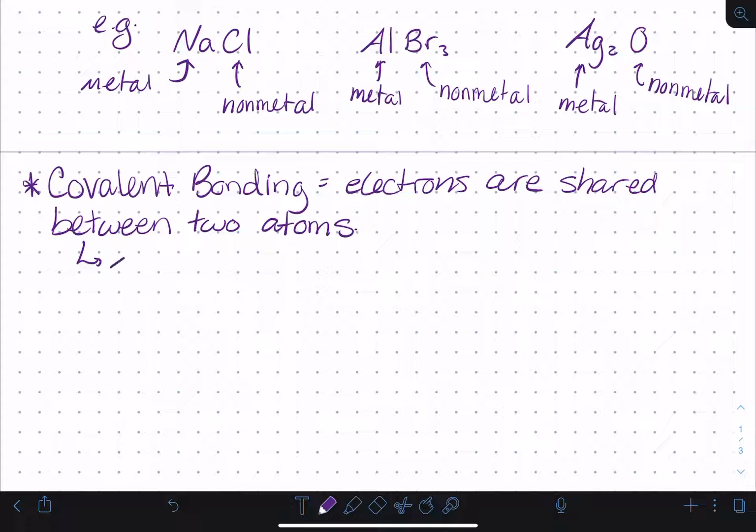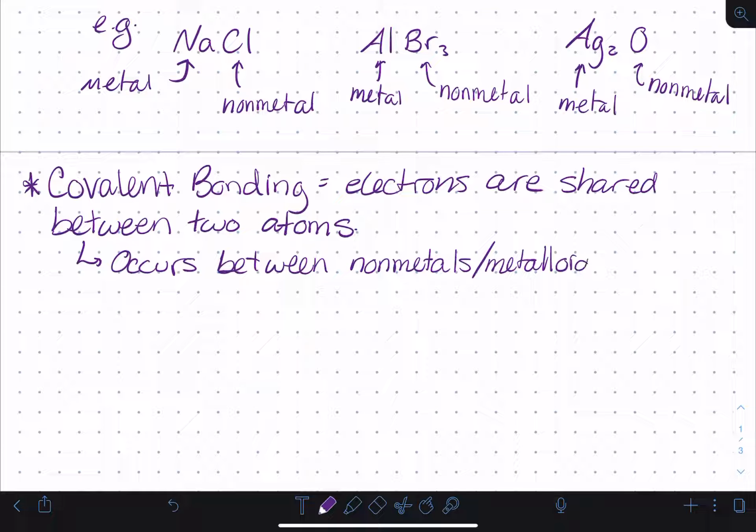So this generally occurs when you have just nonmetals involved, or just nonmetals and metalloids. If there are no metals involved, it is almost certainly a covalent bond.